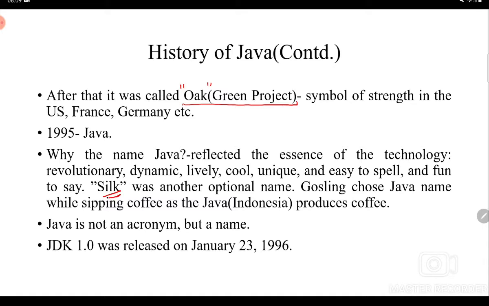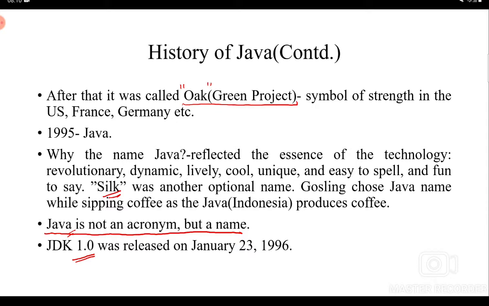However, they considered Java to be a more classy name for that particular project. So we also have to remember that Java is not just an acronym, but it is a name. It does not have any full form. It's just a name. And the first version, Java 1 JDK 1.0 or 1.0, was released in January 23, 1996.